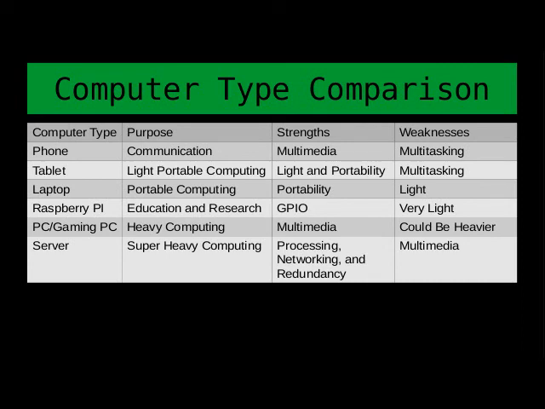All right, we've still got some more comparison to do, actually, between the gaming PCs. They were designed for full and heavy computing. Your regular PC was designed to be your full computer, the way a computer is meant to be for your house. Your gaming PC was for heavier computing, but your server was designed for super heavy computing.